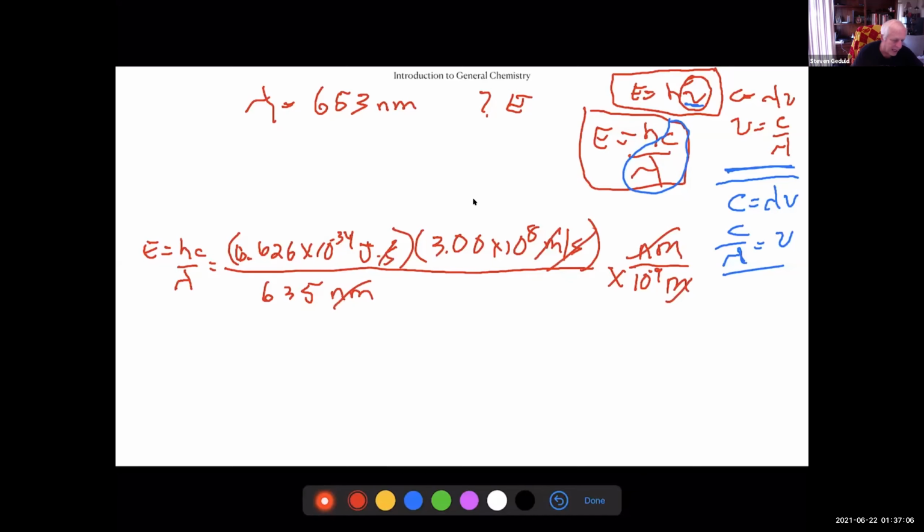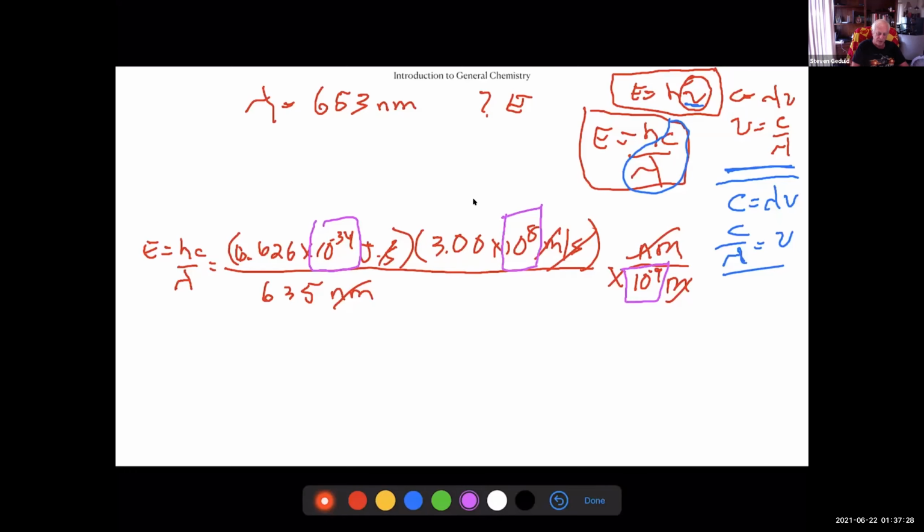So now we do all the math. I'm going to save this for last. Okay? So on the top you multiply, on the bottom you divide. So, whoops, let me get my calculator back up here.